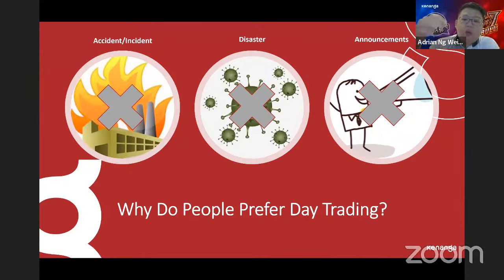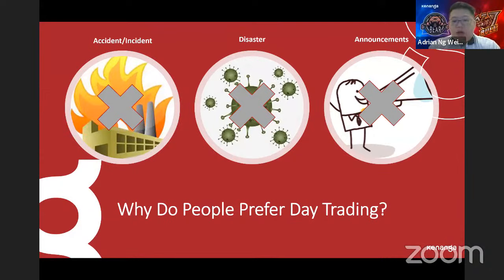And why do we go shorter term nowadays? The key is this magnificent tool called the handphone. Everything is on our fingertips: information, money transactions, trading of shares, buy, sell, Shopee, Lazada, almost everything.